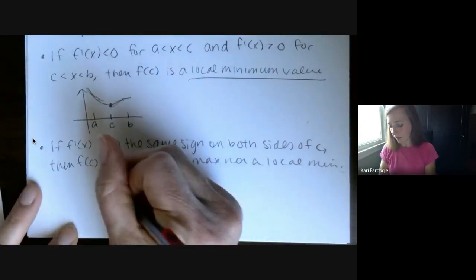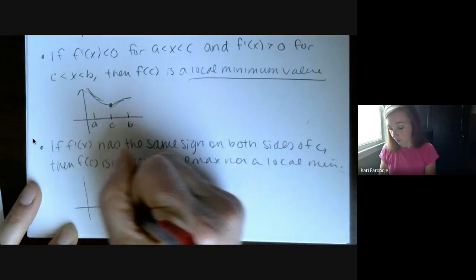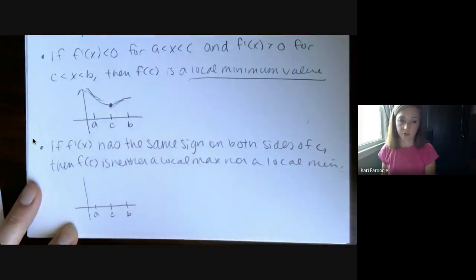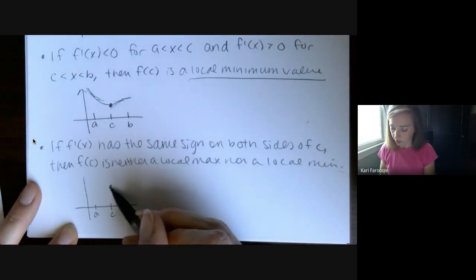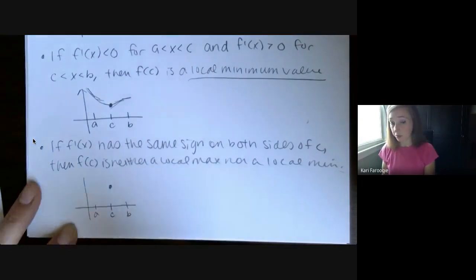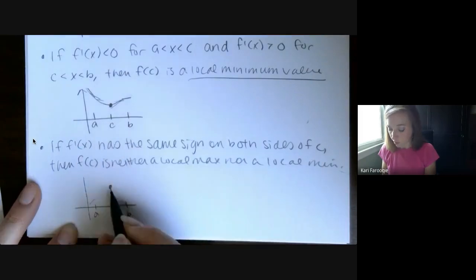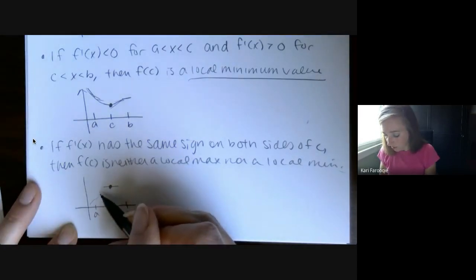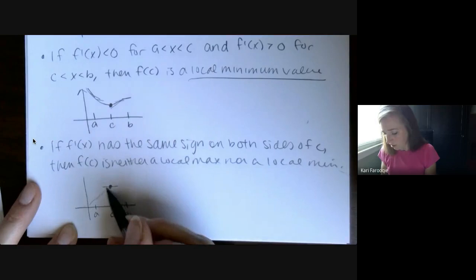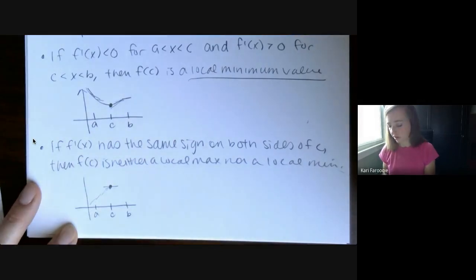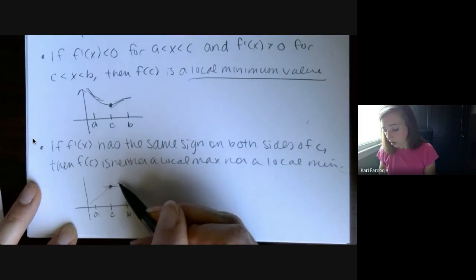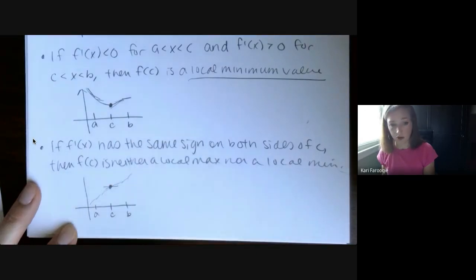So one example of that situation would be we're looking at A, B, and C, and maybe C's right here. If your derivatives have the same sign on both sides of C, well, remember C is a critical number, so C is the place where you have a horizontal tangent line. But let's say that your slopes have the same sign on both sides. Okay, so maybe they level out for a second as they approach C, but they're positive over here. They're going up from left to right, and then they're also going to be positive over here.